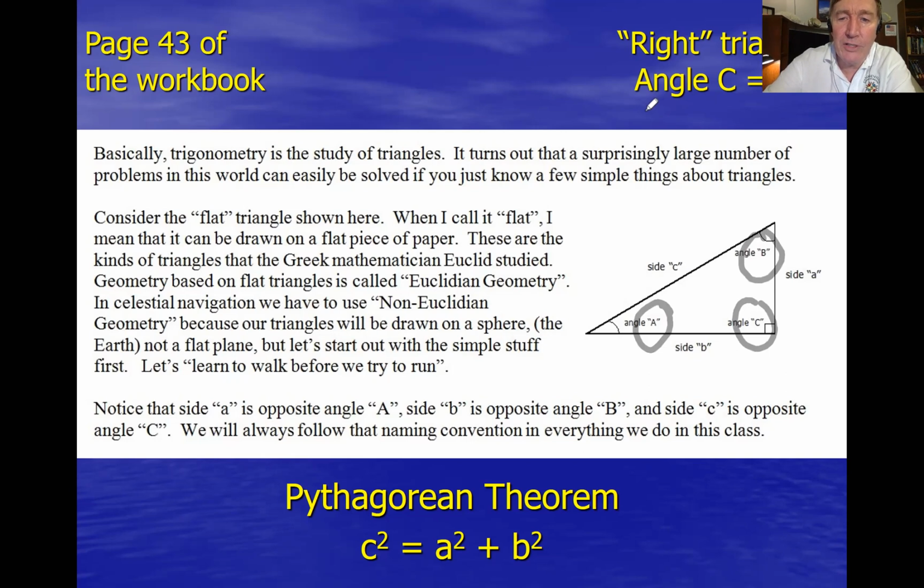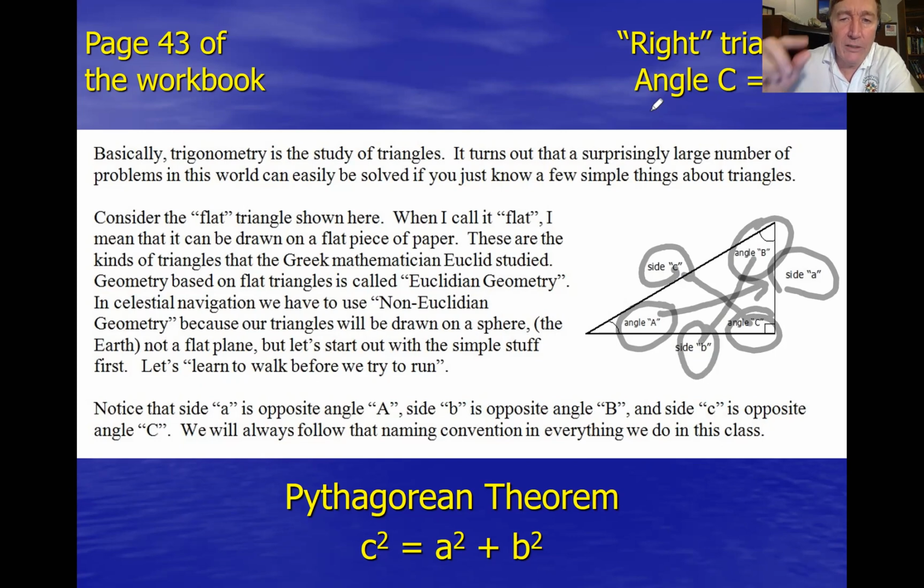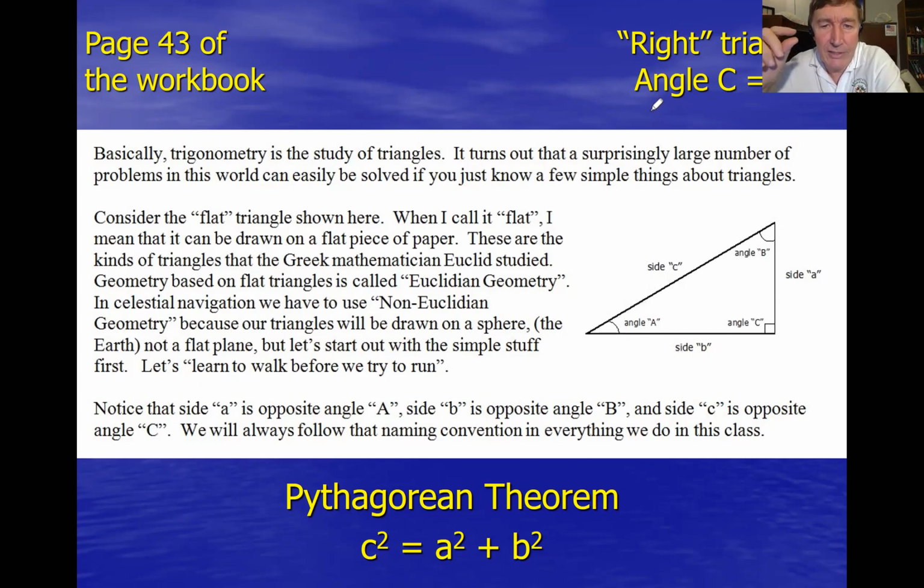Also notice that if this is angle A, the side that's opposite is always side a. So this is angle C, the side opposite is side c. This is angle B, the side opposite is little b. So angles are always capital letters, sides are always lowercase letters, and c is always the longest side.